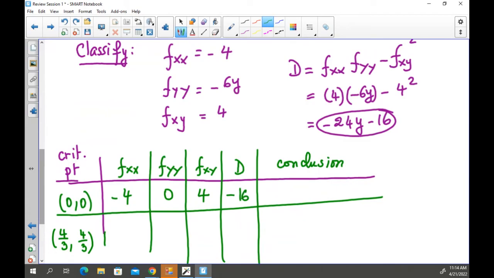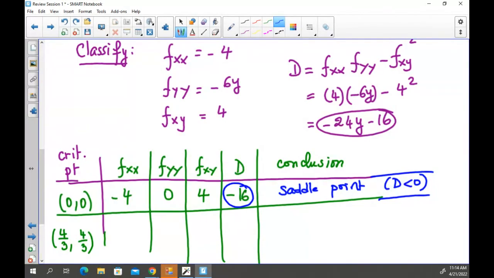Okay. Which is negative. So it's a negative value. So what is the conclusion here? Because D is negative, what does it mean? It's a saddle point. Yes, saddle. Because D is negative, less than 0.